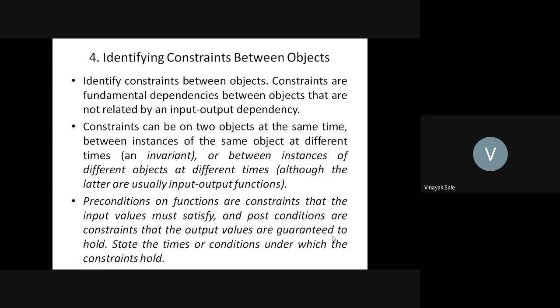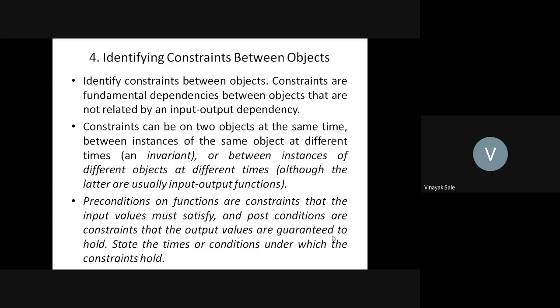So the fourth one is identifying constraints between objects. Constraints are the fundamental dependencies between objects that are not related by input-output dependency.